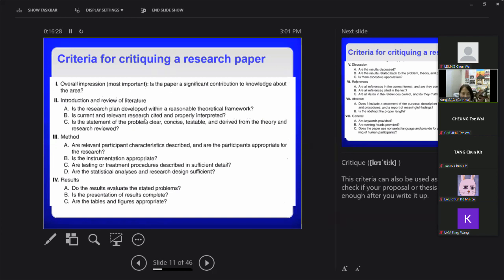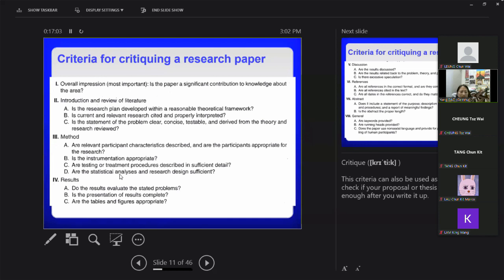Is current and relevant research mentioned in that part? Is the statement of the research problem clear, testable, and derived from previous studies? These usually help you to make a judgment about the quality of the introduction part. Sometimes it may be called background instead of introduction; actually, it's the same.